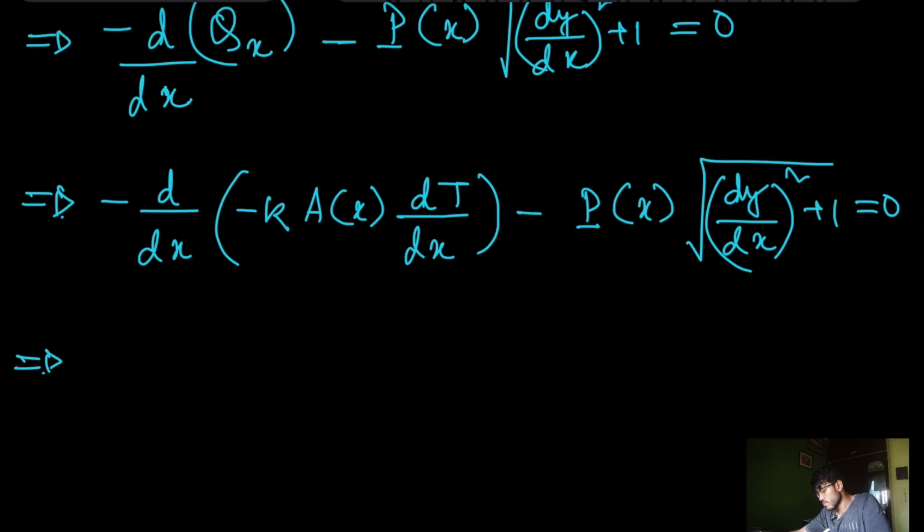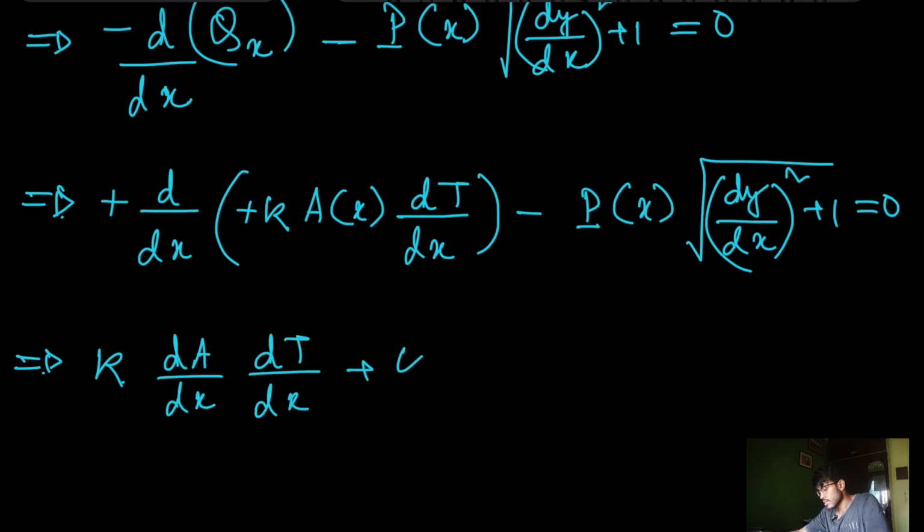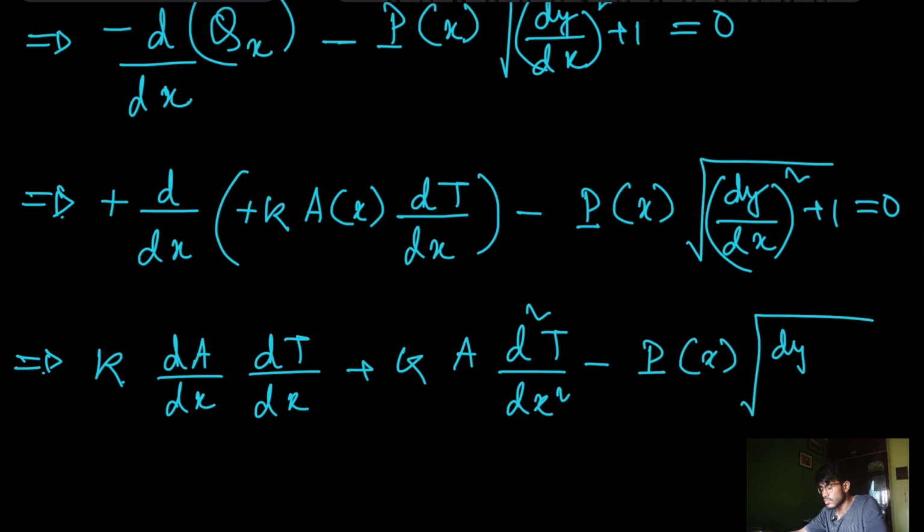If you further do the steps, then this minus and minus will cancel out and it will be plus. Now considering constant k, it will be dA dx into dt dx plus k into A into d2T dx2, minus p x into this one, and this is equal to 0.